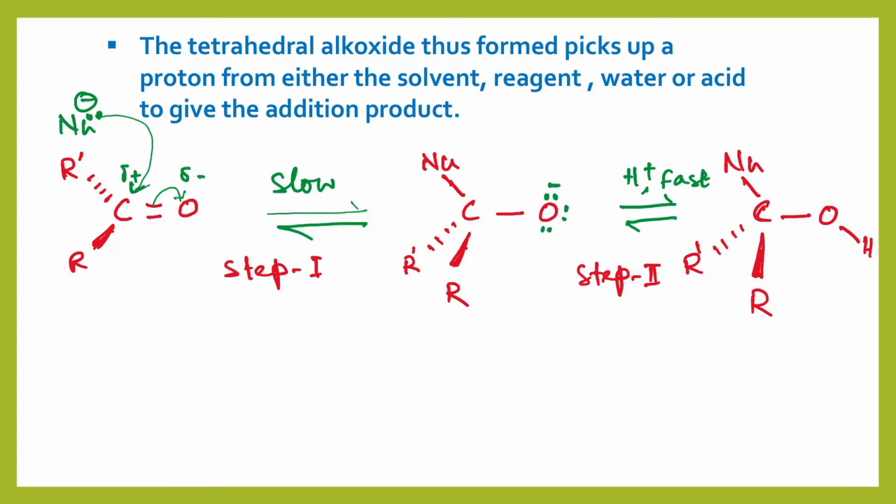The first step is slow, and it gives that tetrahedral alkoxide intermediate. The sp2 hybridized carbon is now converted into sp3 hybridized carbon.